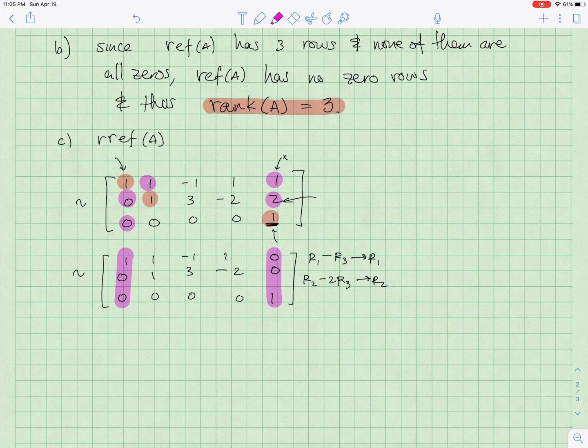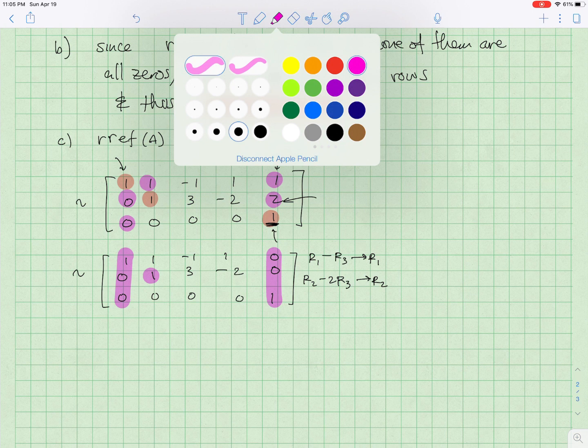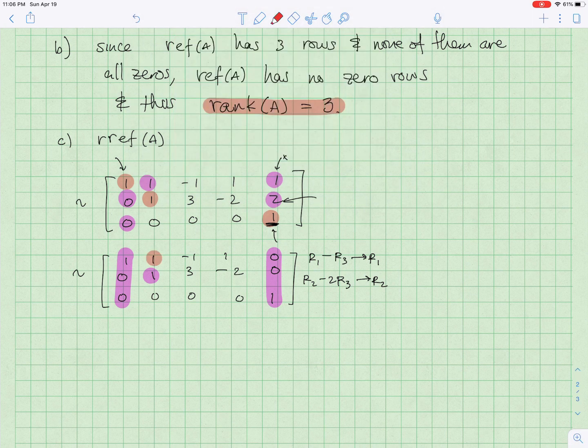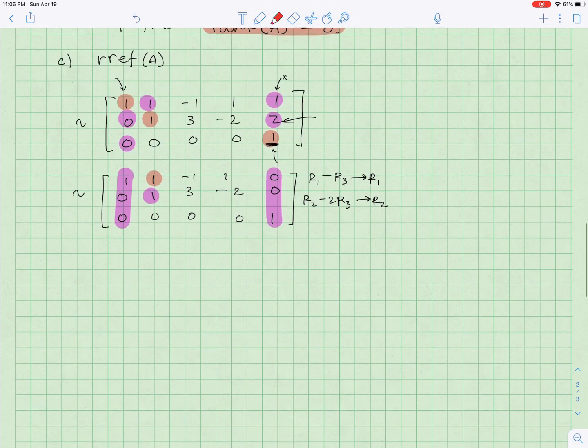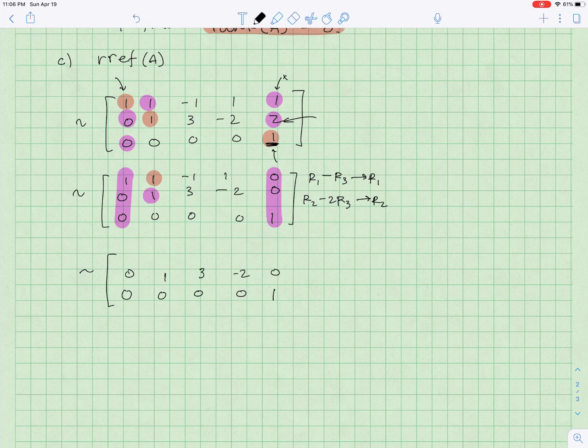I just have to worry about this column and this position here that I want to be 0. So we've got one last step to do, and this is row equivalent to, let's see, the bottom row I don't want to change. Everything's fine and dandy there. The middle row's nice now. I got a leading 1, and then a 0 in that last position.